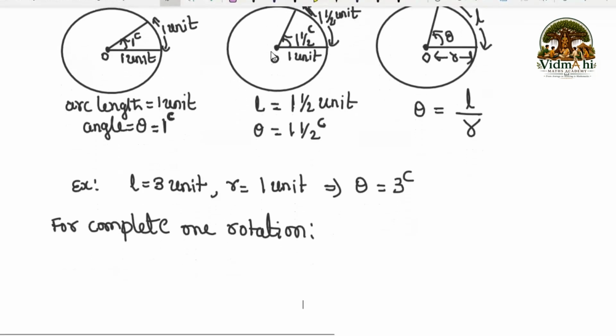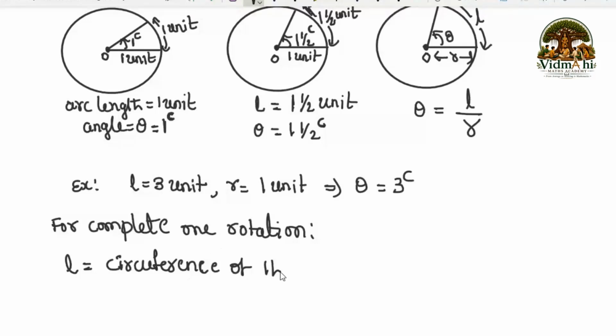So for a complete one rotation, the arc length L is nothing but the circumference of the circle. We already know the formula, that is 2 pi r.